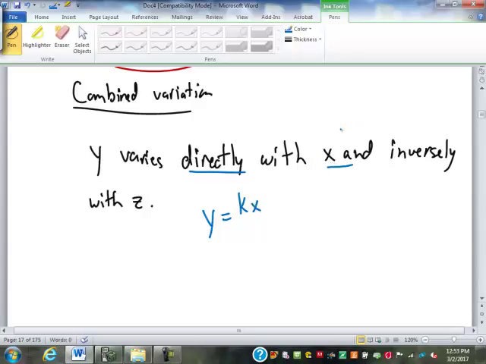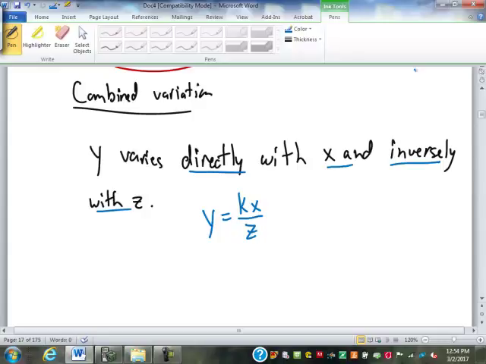Directly would be multiplied by. Inversely with z, inversely means the constant's divided by z. So y equals that constant. It varies directly with x, so it's x times the constant. Inversely with z, so it's the constant divided by z. Gives you that formula.